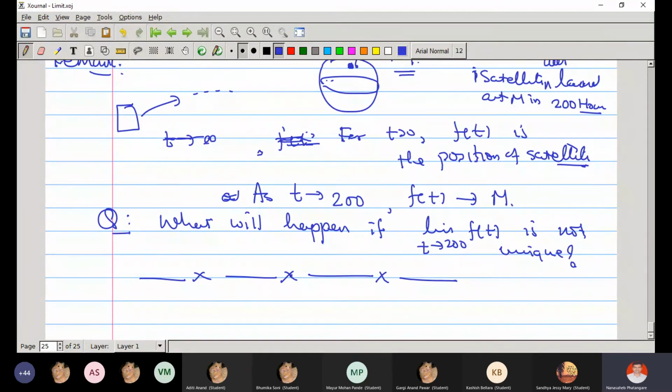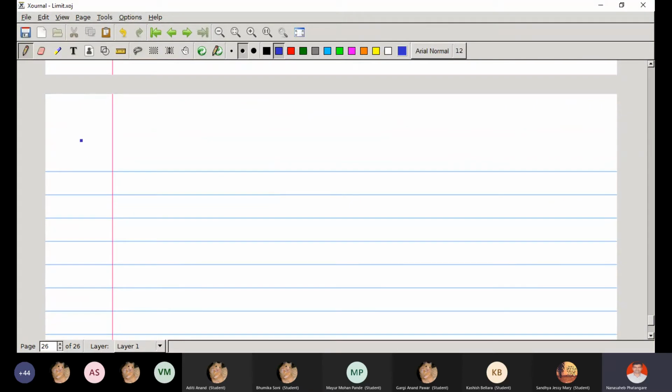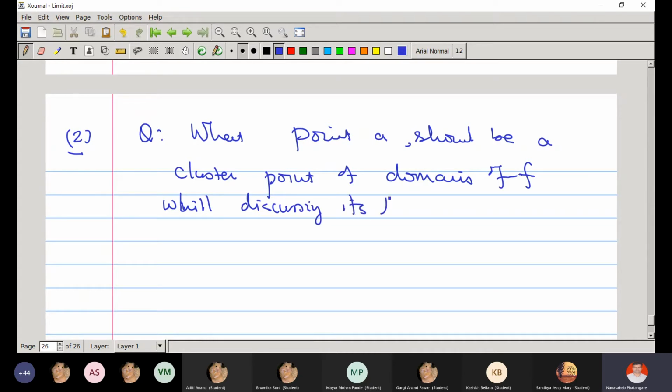Now, the point which I explained last time, why point A should be a cluster point of the domain of f while discussing its limit at A. So what property fails if a point is not a cluster point or is an isolated point?